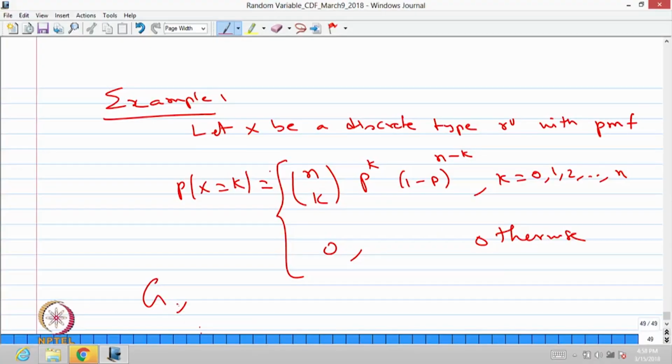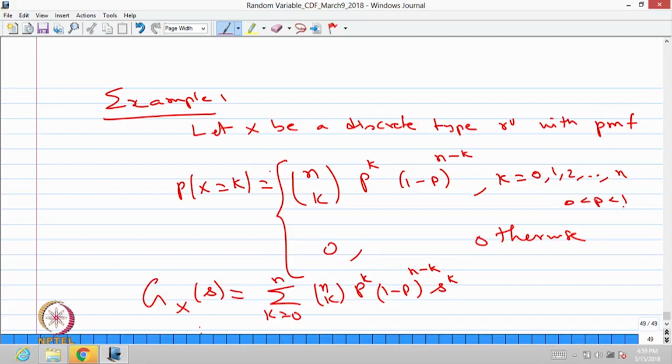G suffix x as a function of s is, by definition, summation of probability of x equal to k times s power k, k equal to 0 to n, that is n C k p power k 1 minus p power n minus k s power k. Here the p value lies between 0 and 1, which I did not specify earlier.